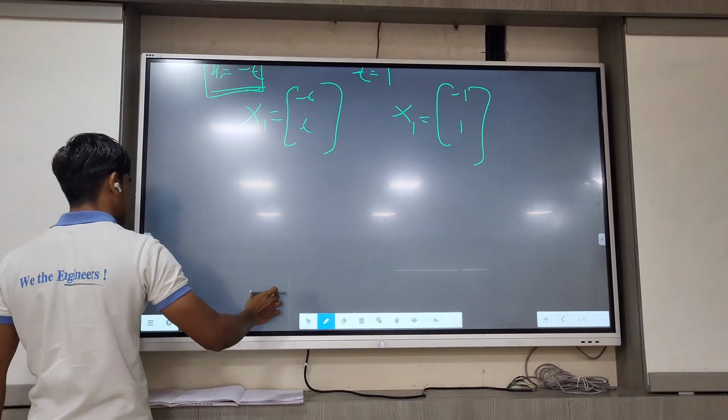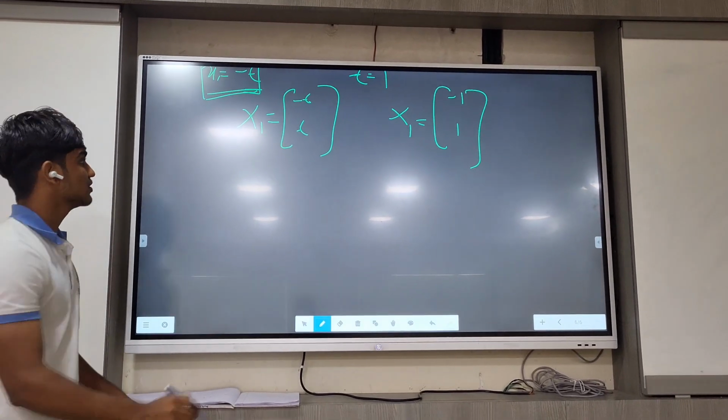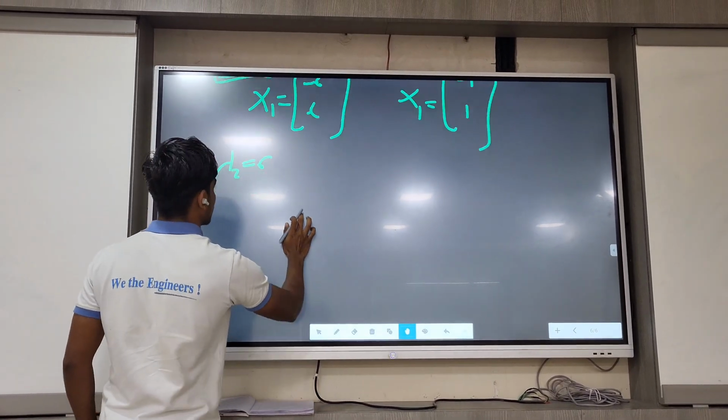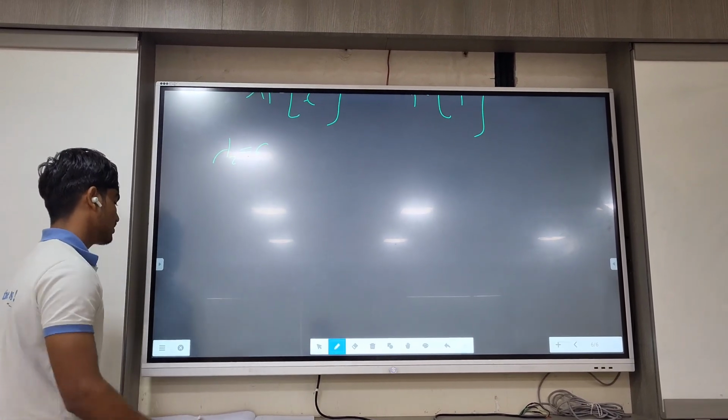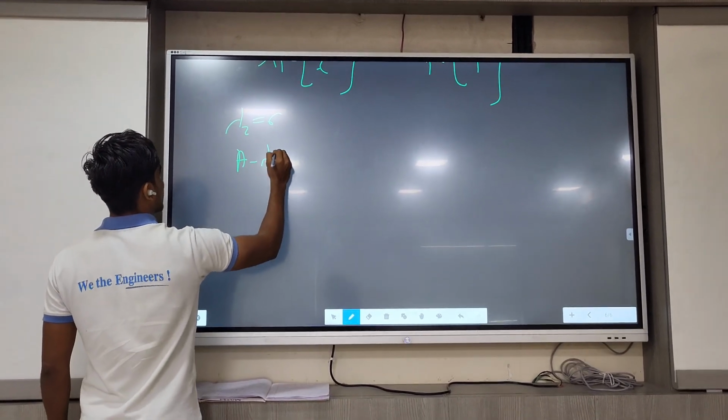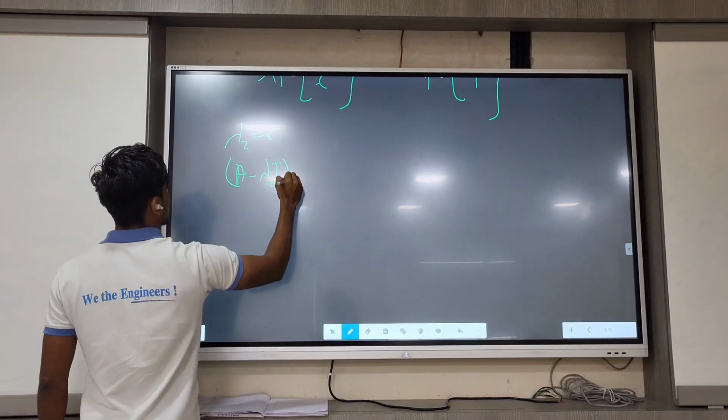Now we have to find the second one. So what is lambda 2? Lambda 2 is nothing but 6. And then we have to do the same steps we did previously. First we take the characteristic equation, that is A minus lambda 2 I is equal to 0.